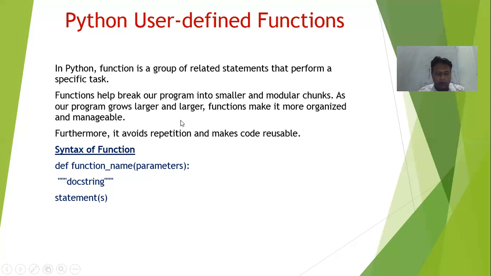So when working with a complex program, to make it simpler, we use functions. For defining a function in Python, we use the def keyword: def, function name, then parameters. The docstring is just like a comment in other programming languages, and is used to describe the purpose of the function.